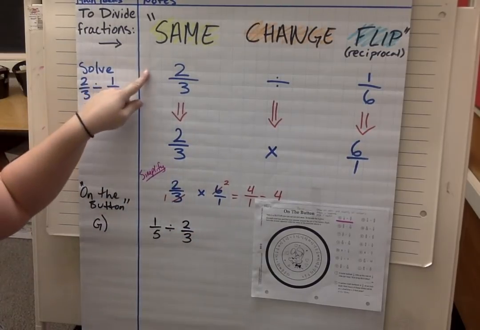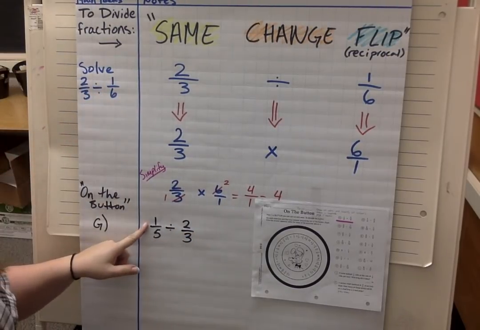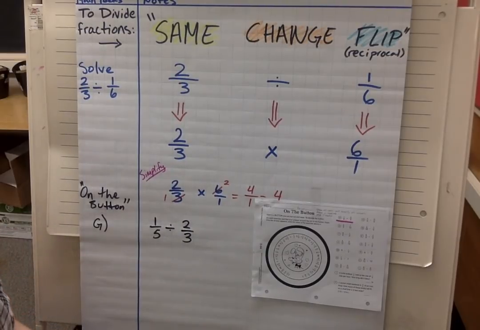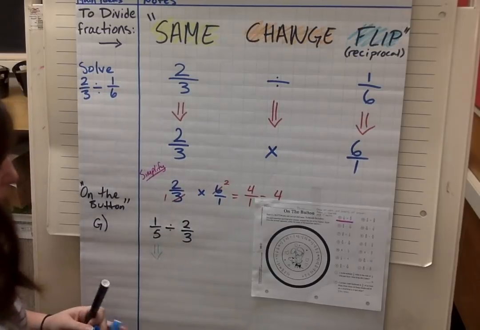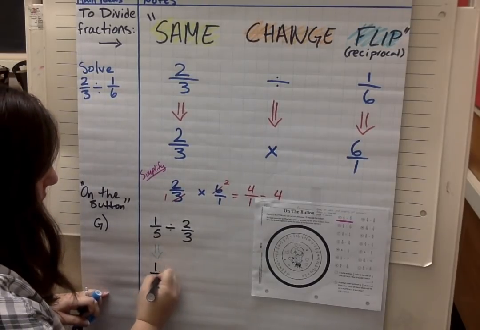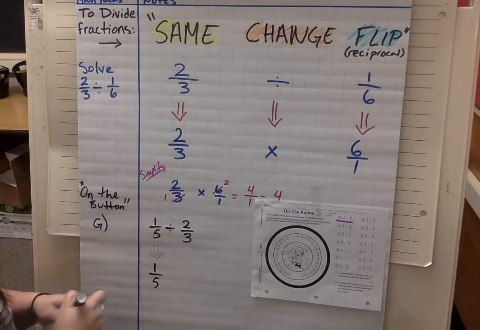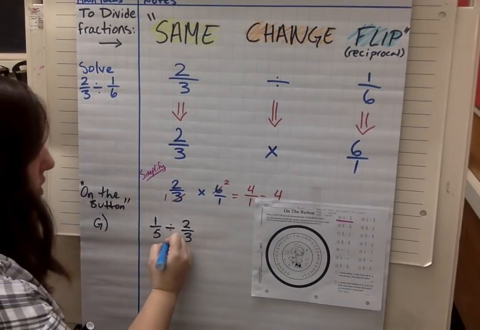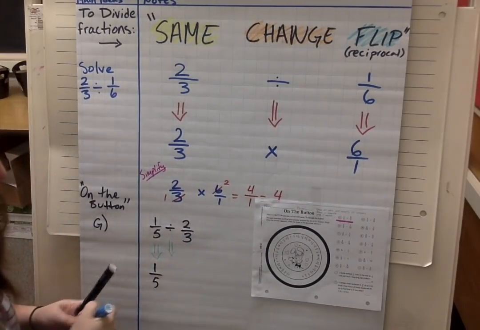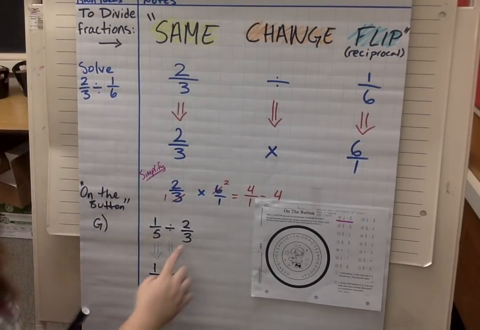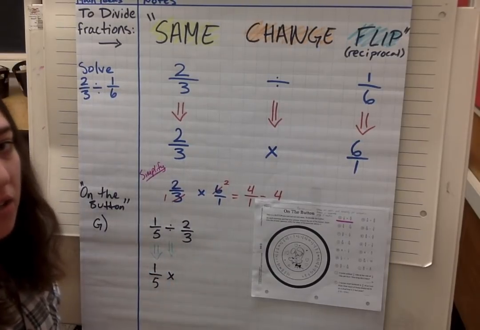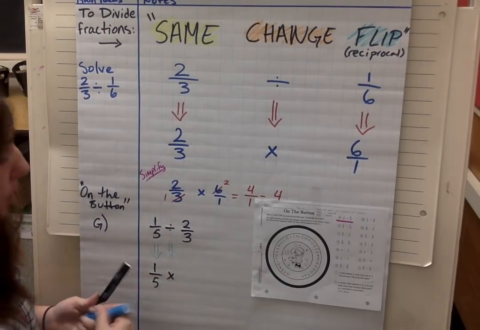So I'm going to use our strategy up here. I'm going to keep this fraction the same. I'm going to change our division sign to a multiplication sign. And I'm going to flip this last fraction. Okay, so I'm going to find the reciprocal of it.